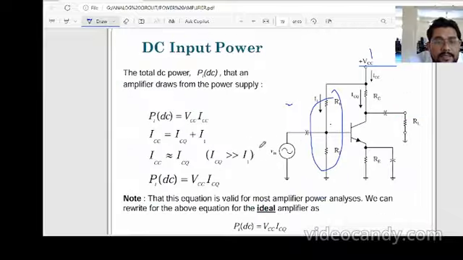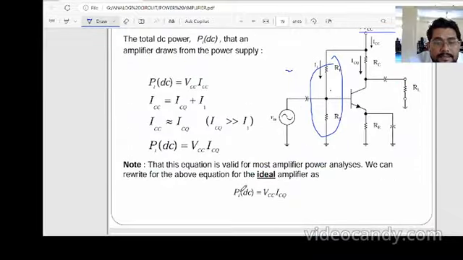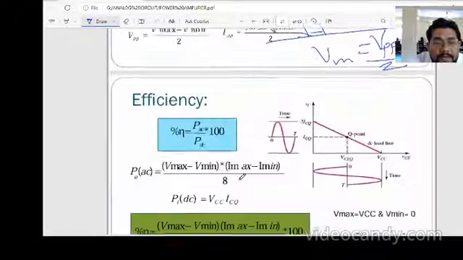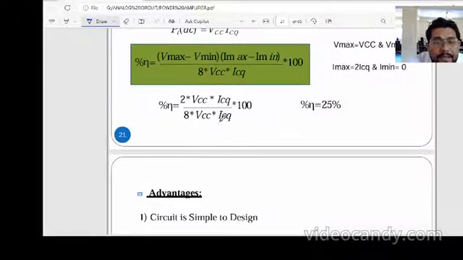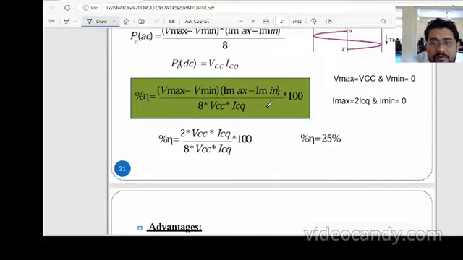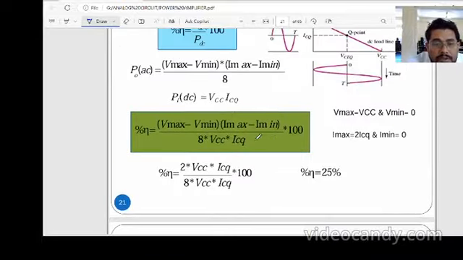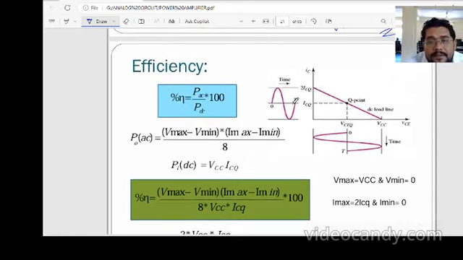We have already discussed the DC input. So the percentage is 2 into VCC and ICQ over 8 into VCC and ICQ. Then how did we decide VCQ?